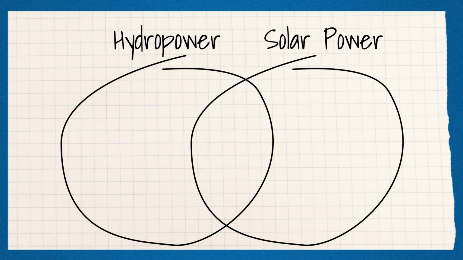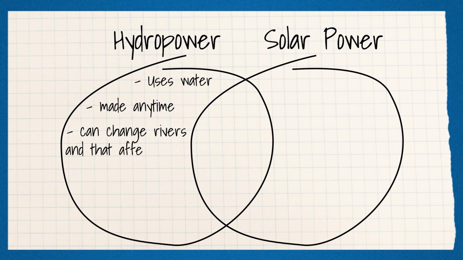Reliability. Hydropower is very reliable. This means it works all the time, day or night, rain or shine, as long as water is moving. Environmental impact? Even though hydropower doesn't cause air pollution, it can change the way rivers work.